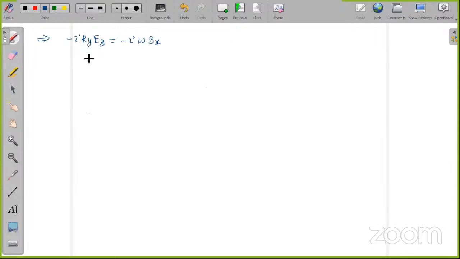I will erase this later on. This was the first thing that you already know: minus iota ky ez. There was a minus sign, then there should be minus iota kz ey, and it will be equal to minus iota omega bx. This was wrong. This is correct.